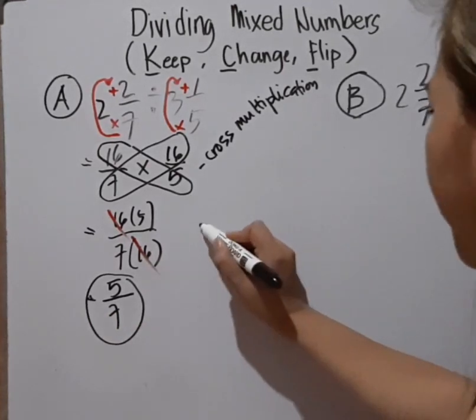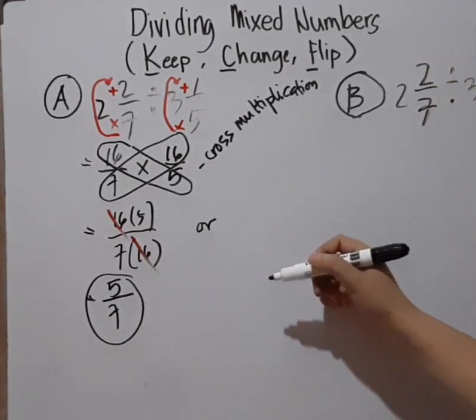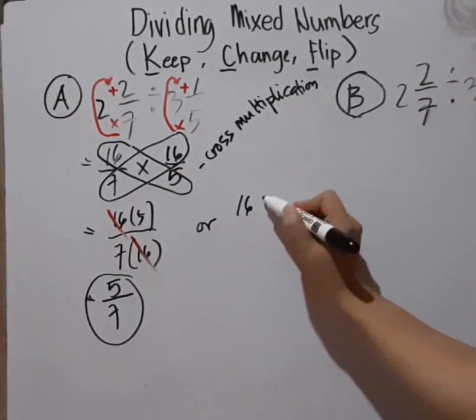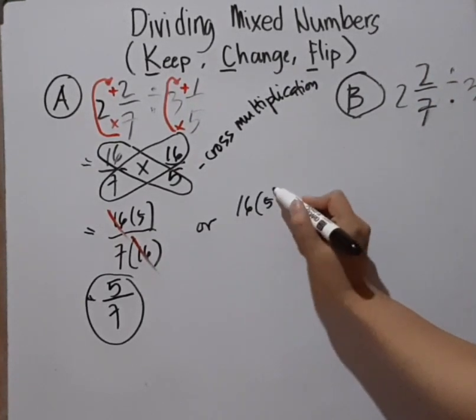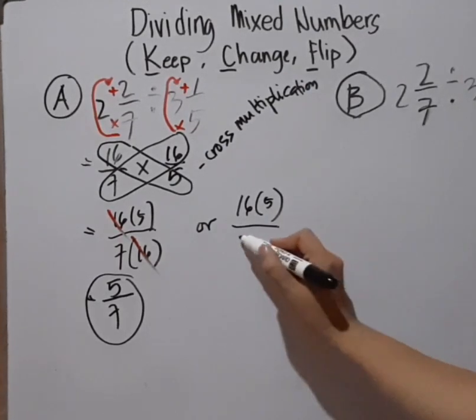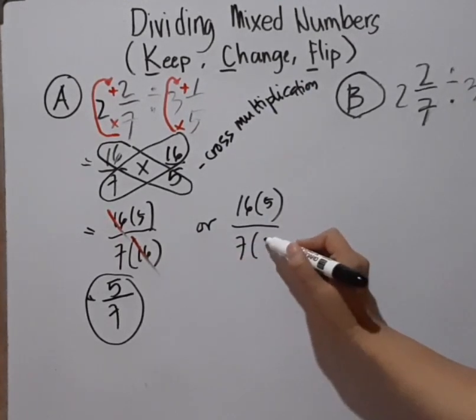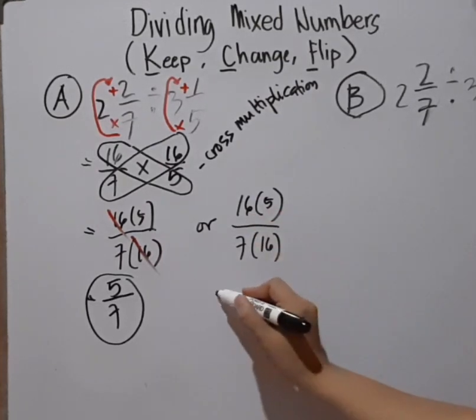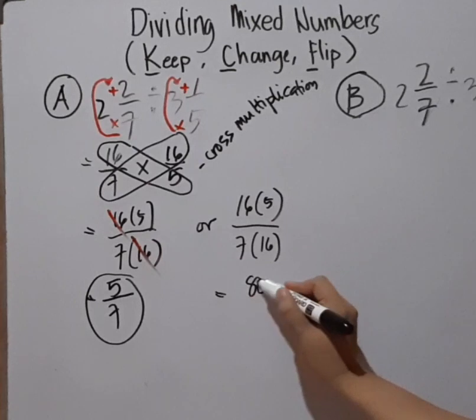Or, pwede rin ganito po yung gawin mo. So, from here, 16 times 5 over 7 times 16. So, execute. 16 times 5 will give us 80, right?